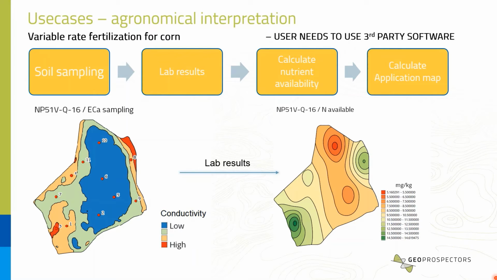We are taking our sampling points and assigning for our elements the current availability of nitrogen, phosphorus, and potassium. From the current availability maps, it is really easy and quick to calculate our application maps.